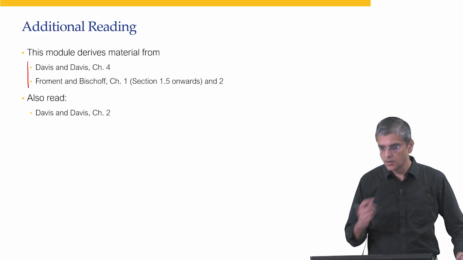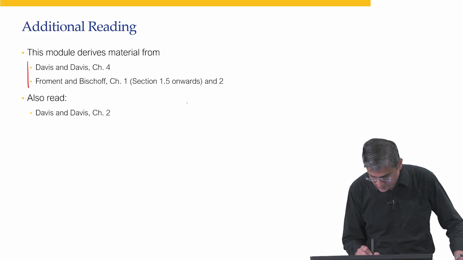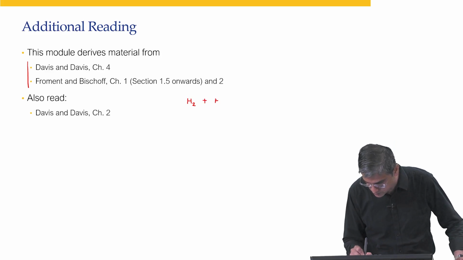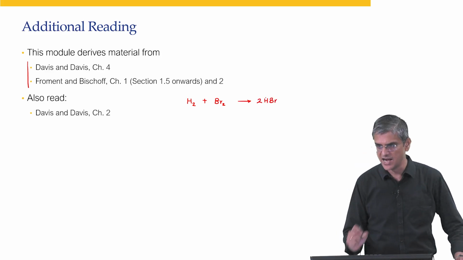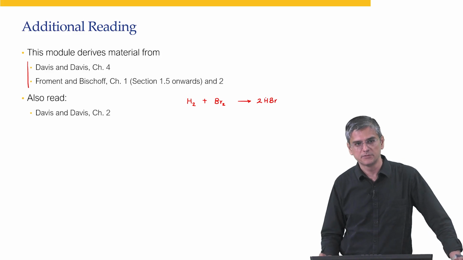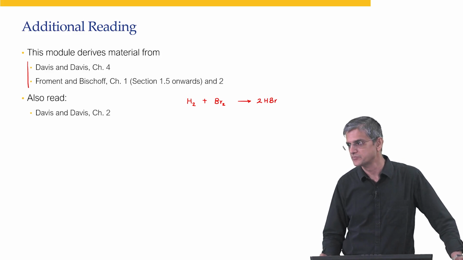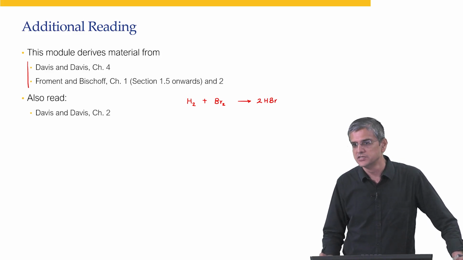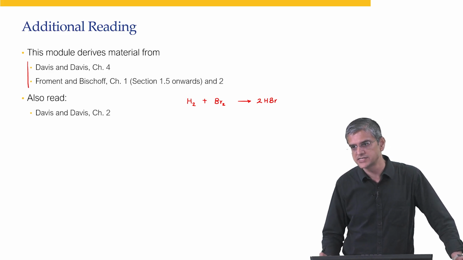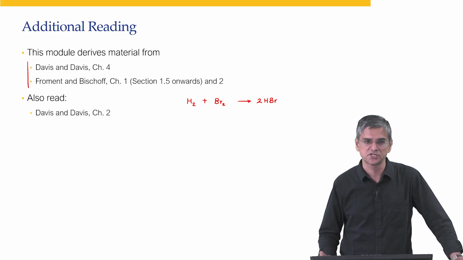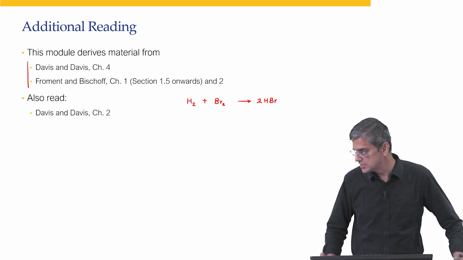So let us say we have the enzymatic. The one reaction that I talked about is H2 plus Br2 giving 2HBr, and I had shown you the rate expression for this. This was in 1907 one of the first examples where the rate expression was obtained experimentally.